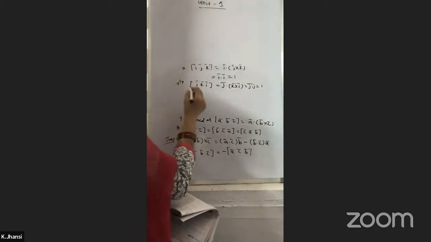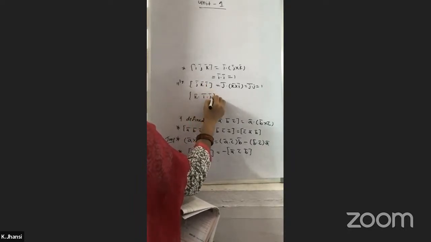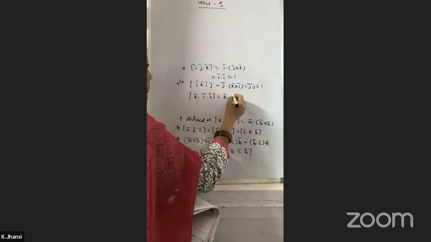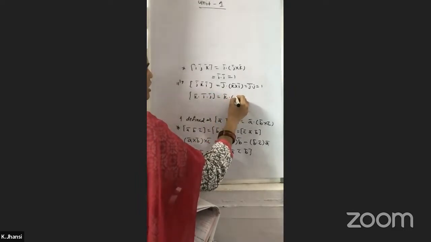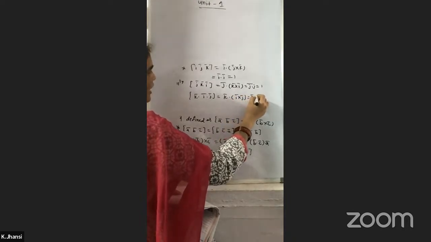So j, k, i we got. Now k, i, j. So it is k dot i cross j, so it is k dot k is equal to 1. Okay, these values also, wherever you do the triple product, you can remember them.